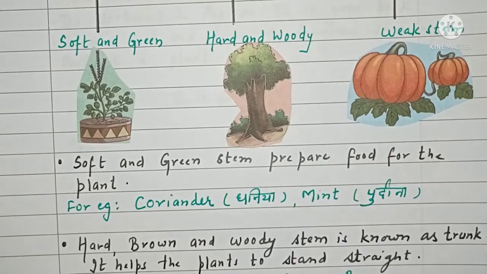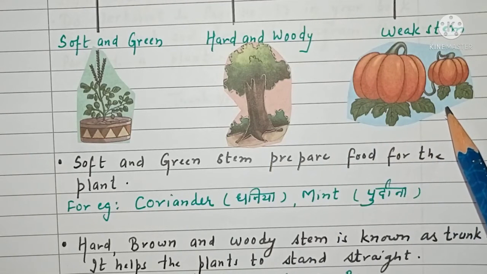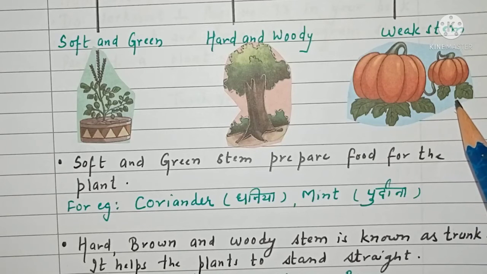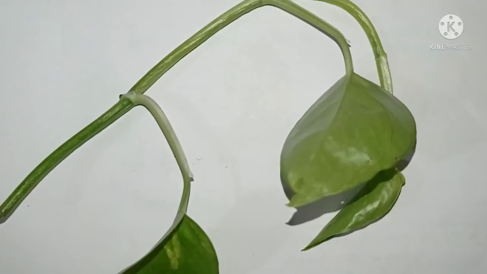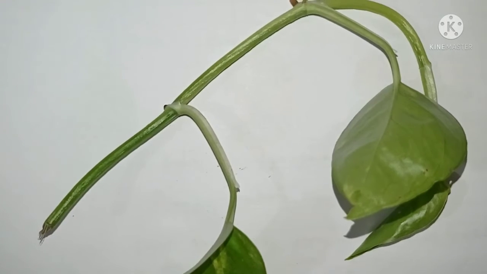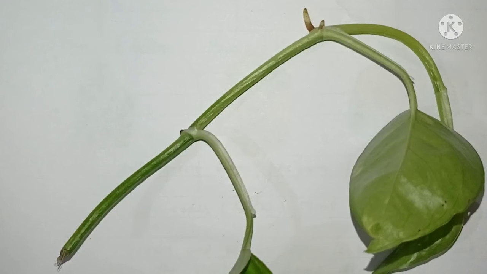And then coming on to the weak stem. Weak stems need a support to climb, as these stems cannot hold the plant upright. You might have observed money plant, which normally grows in your house. So you have observed that it always needs a support to climb.